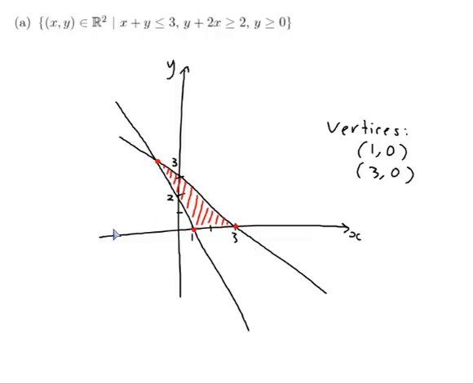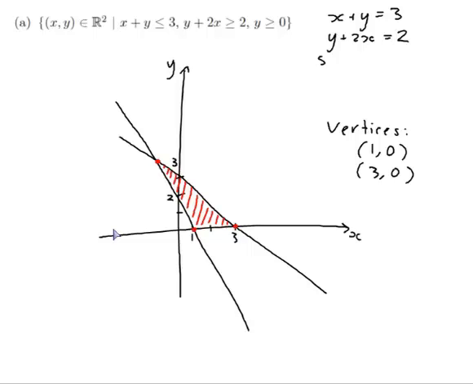Well, that would be where the 2 lines that pass through that vertex meet. So I just need to figure out where those 2 lines meet. And those 2 lines were x plus y is equal to 3 and y plus 2x is equal to 2. So if I solve those 2 equations, that will tell me what that point is. So let's see. If I subtract the top equation from the bottom equation, that will give me y plus 2x minus x minus y, so the y's will disappear and I'll just be left with x.